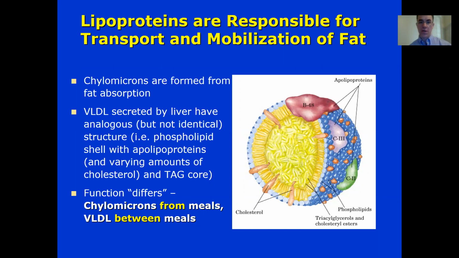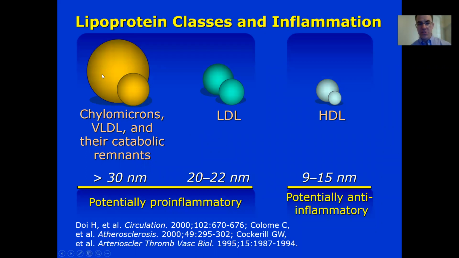We're going to show the role of VLDLs in just a bit. And this is just the difference between the classes. We have the chylomicrons, VLDLs, and the LDLs, which are pro-inflammatory, meaning causing disease, and the HDL is anti-inflammatory because of its role in taking up excess cholesterol from the tissues and getting it back to the liver. Also taking up excess cholesterol from the blood and getting it back to the liver as well.